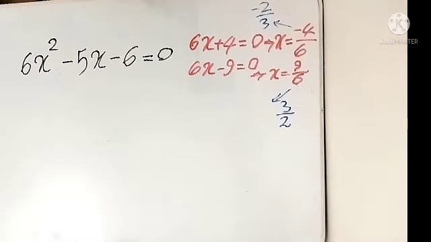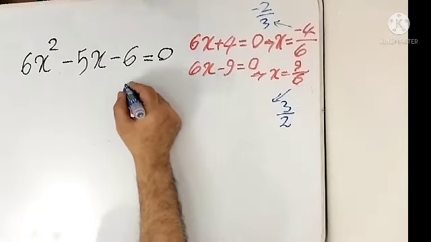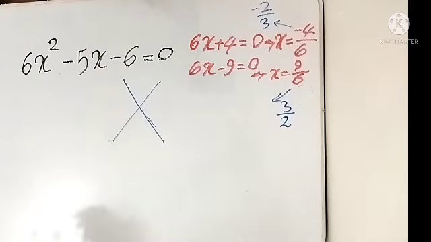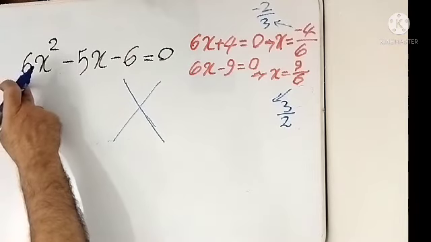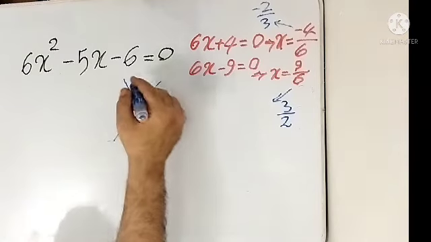Now we want to solve this equation with the second method. First, draw a big X and write A times C in this part.